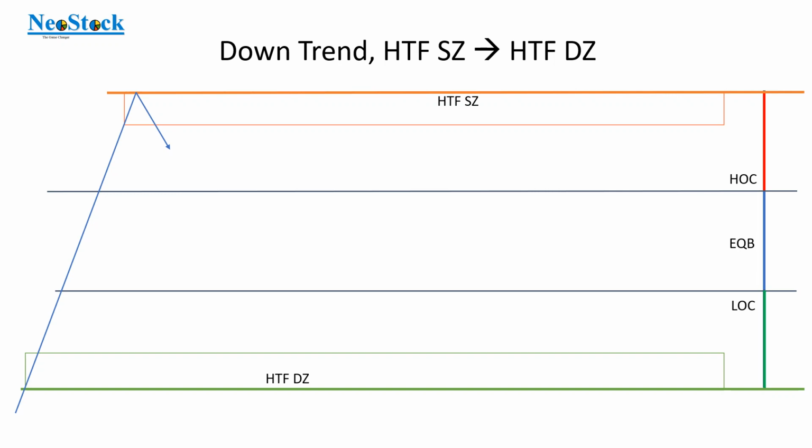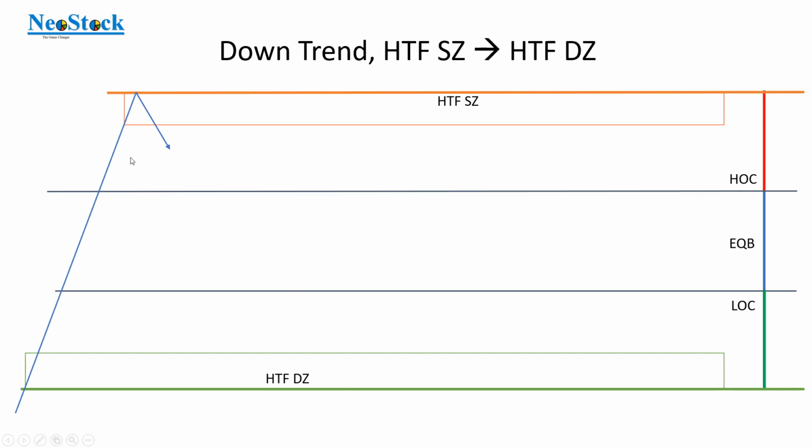If you look into this chart, currently the primary price direction, that is the HTF price direction, is supply zone to demand zone, because prices moved into the supply zone. From there, prices are now again moving back towards the HTF demand zone.